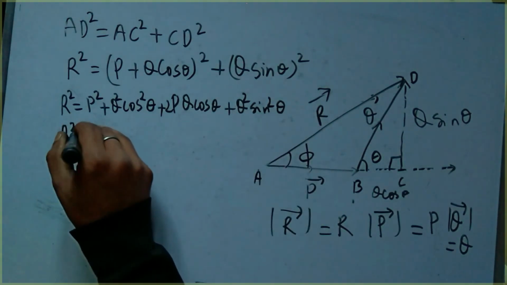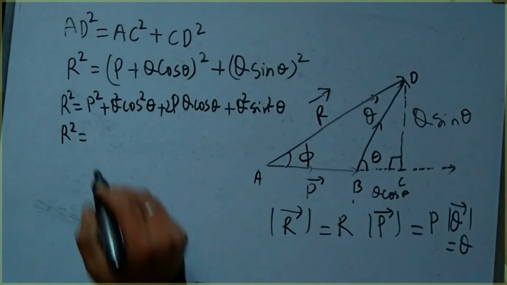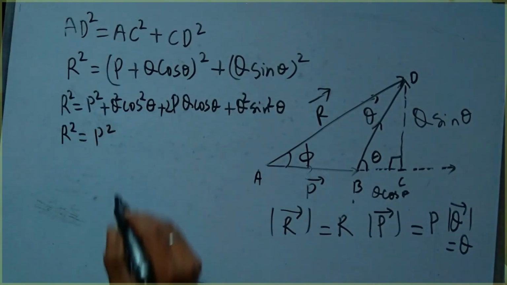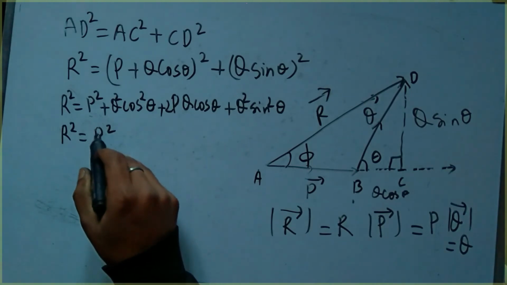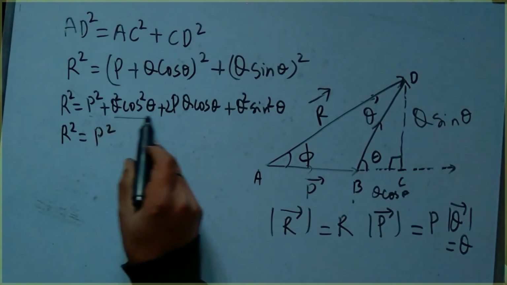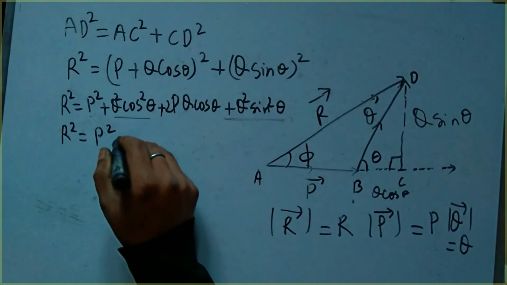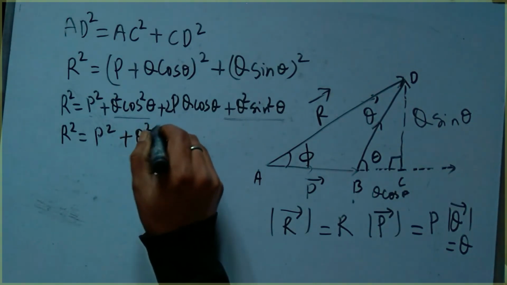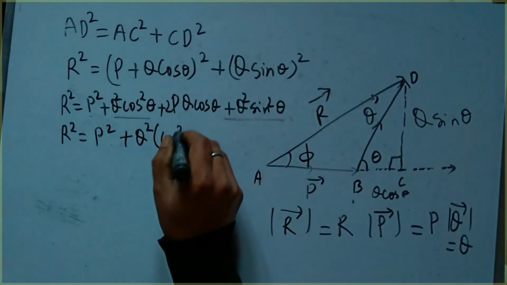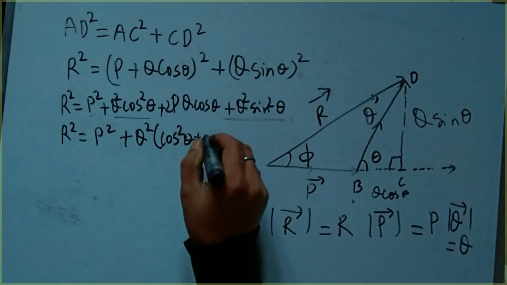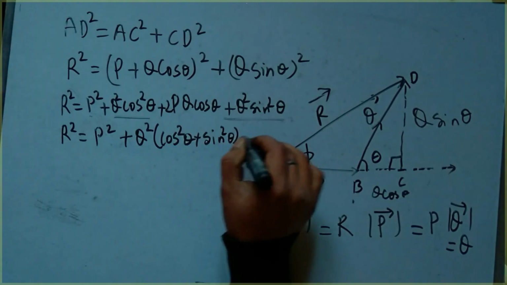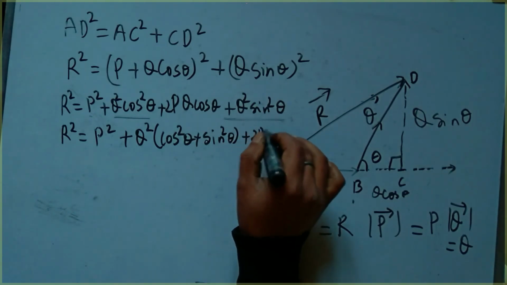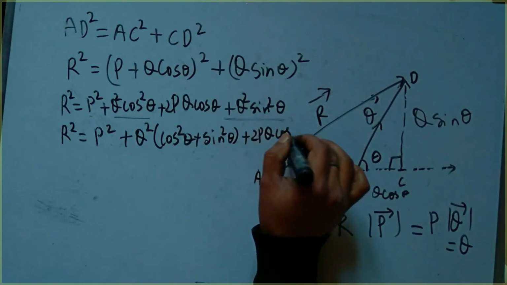R square is equal to P square plus, we can put these terms together, Q square times cos square theta plus sin square theta, plus 2PQ cos theta.